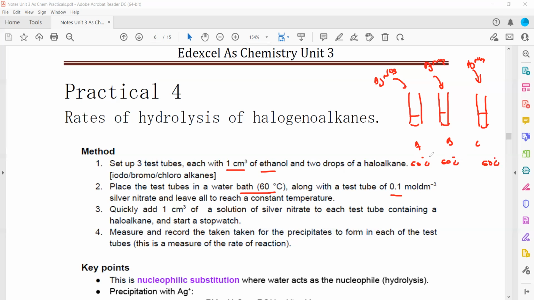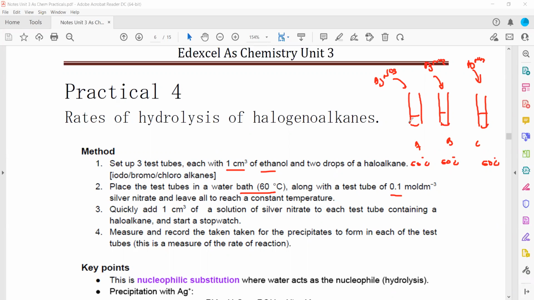Then measure and record the time taken for the precipitate to form in each test tube. So we will start a stopwatch and find how much time the precipitate takes to form.